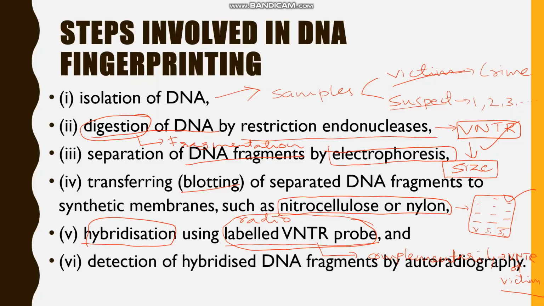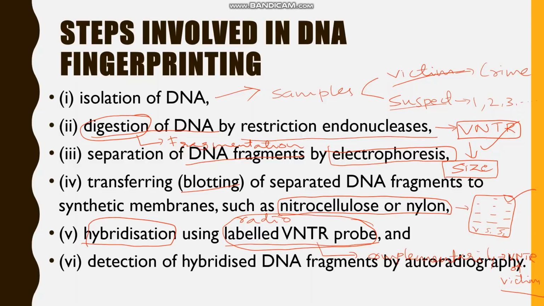The last step in DNA fingerprinting technology is detection of hybridized DNA fragments by using autoradiography. As I mentioned earlier, the radio-labeled probes used for hybridization are produced complementarily to the VNTR fragments of the victim sample. The same radio-labeled VNTR probes are used even for the hybridization of suspect samples.